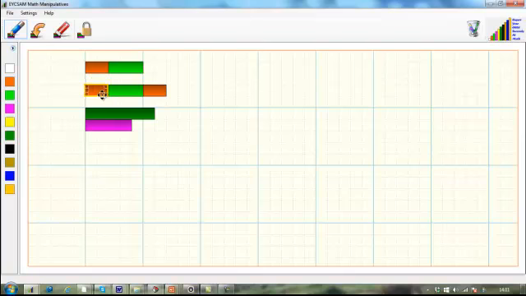So we have end to end, trains, and side by side. And we also have above and below. So side by side and above and below.